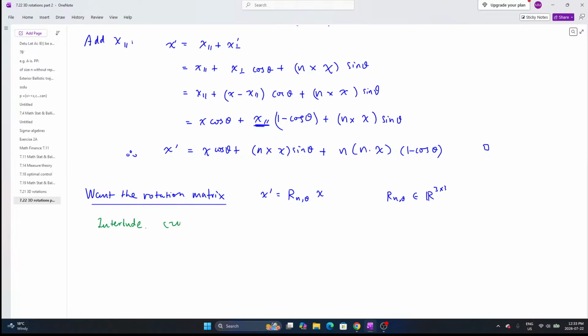That cross product can be written as matrix vector multiplication.